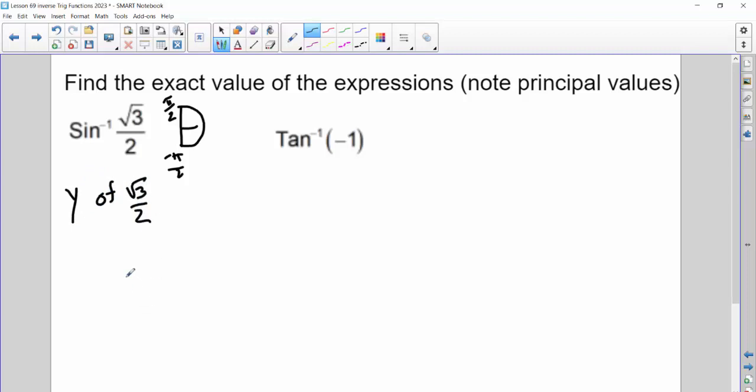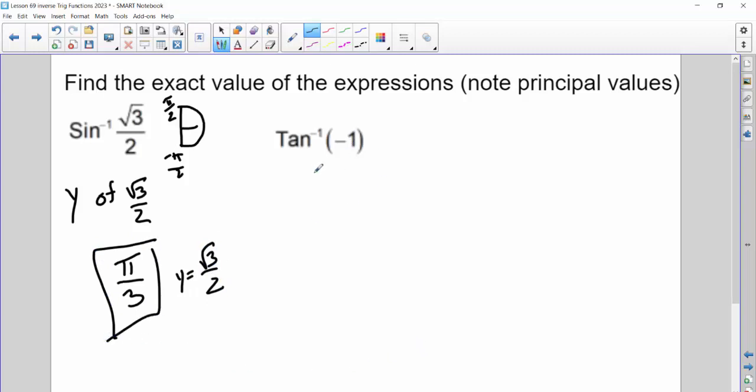Well, now that's only going to give us one value. In the whole unit circle, we could find two values. But in this stated region, there's only one place where I have a positive y value, and that's up here somewhere. And we know that at pi over 3, the y value equals root 3 over 2. So pi over 3 is my angular answer.